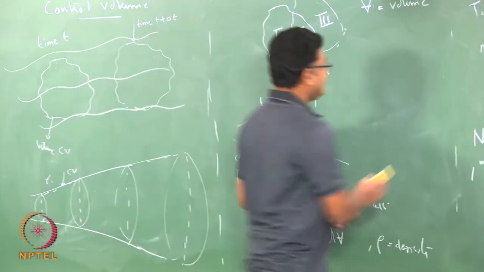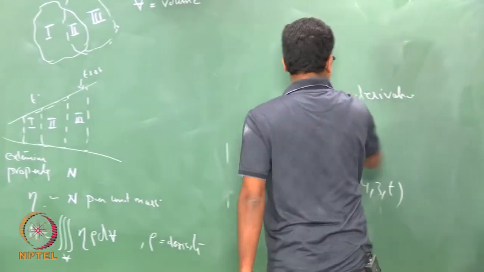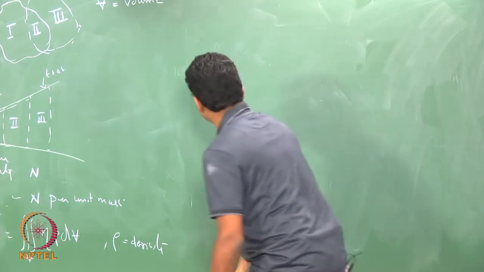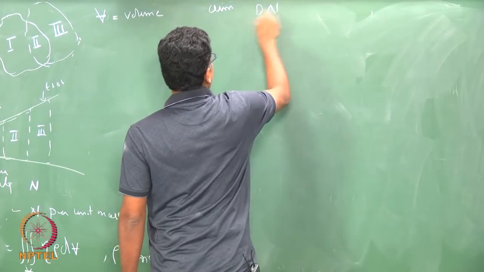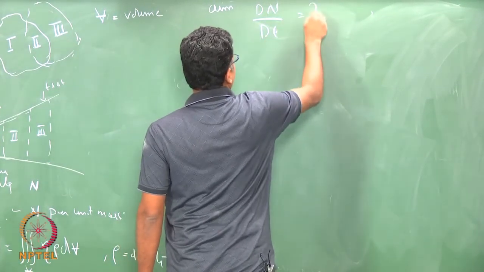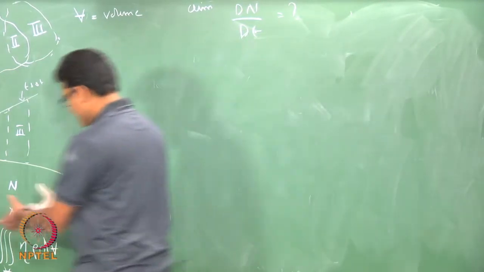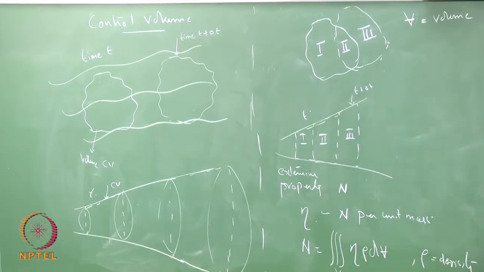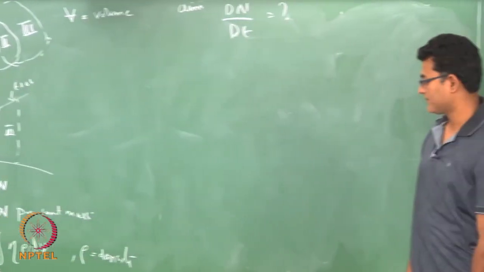Our aim is to find the total derivative dN by dt. The rate of change of this property when it moves from time t to time t plus delta t, what is the rate of change of that particular property.